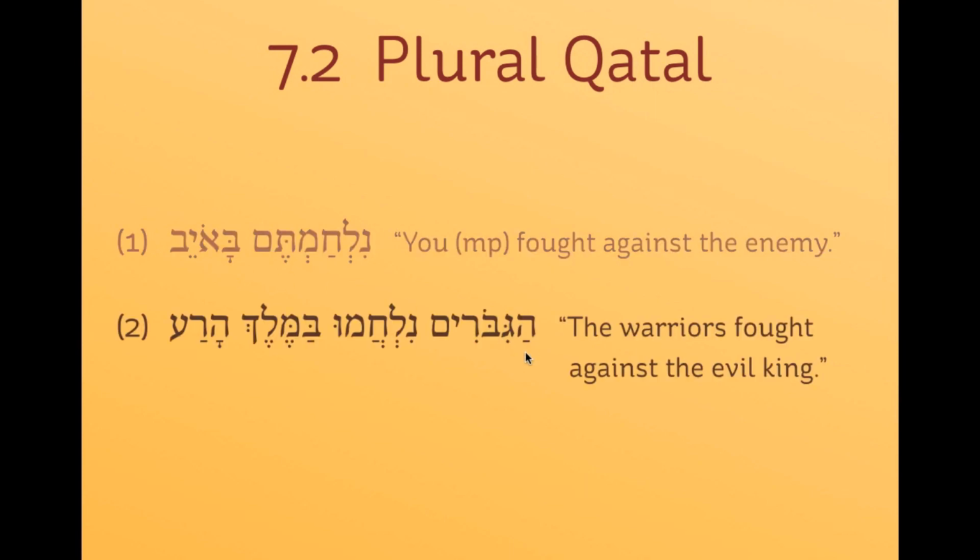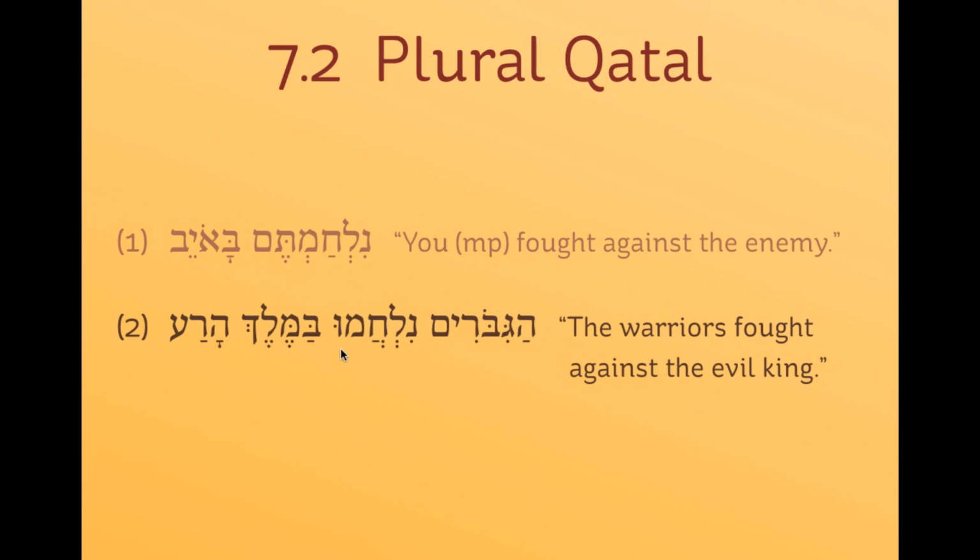Moving on, Hagiborim nilchamu ba'melech hara. The warriors fought against the evil king. Now, I want you to notice something with translation. If there's no explicit subject, then you grab the pronoun reference from the verbal form, like this, you, a group of men.